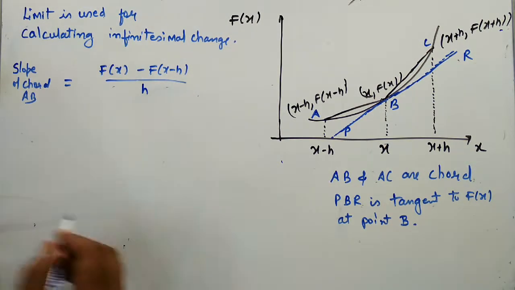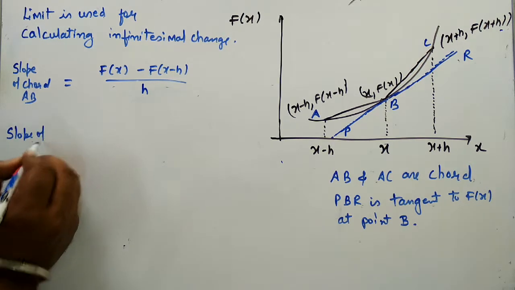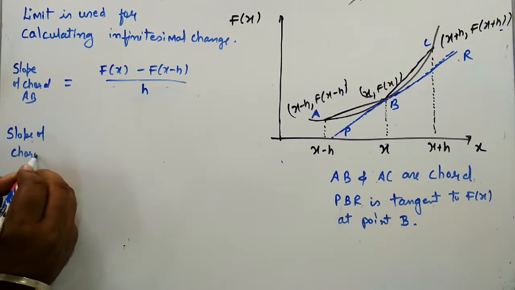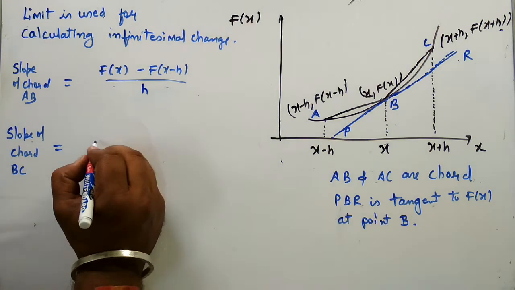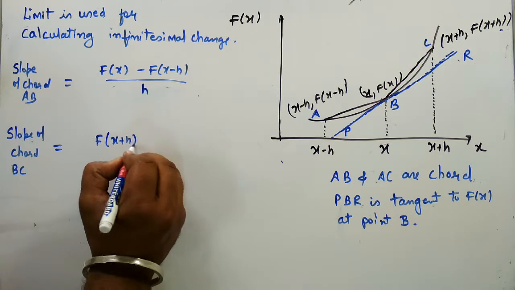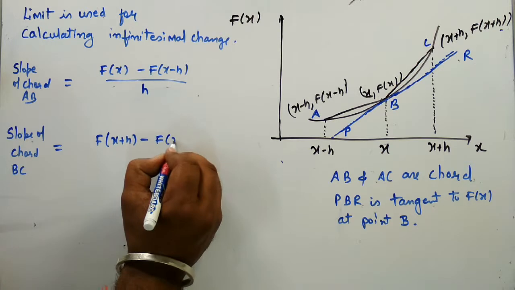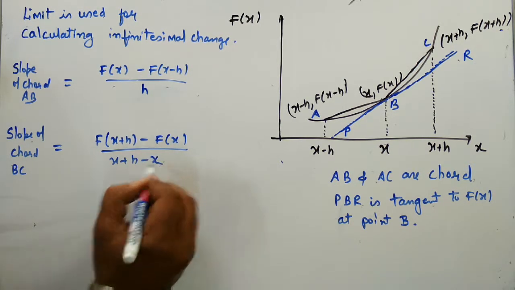Okay, if you calculate the slope of chord BC, that will be equal to f of x plus h minus f of x upon x plus h minus x.